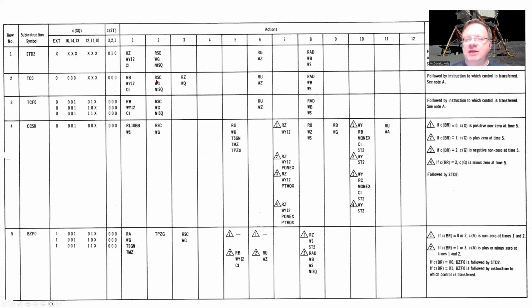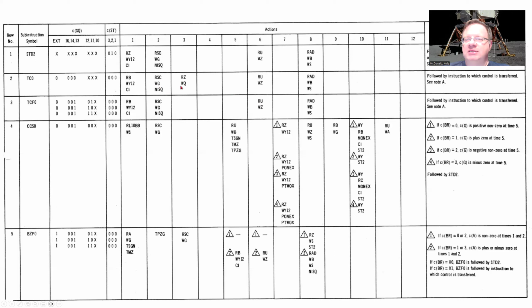And then we do a few things. We do an RSC and WG. So we want to write data into the G register, which is the memory, and then we do NISQ, which is another command that we'll talk about. It's a little bit more complicated. And then we do our RZ. So we want to read data into our Z register.